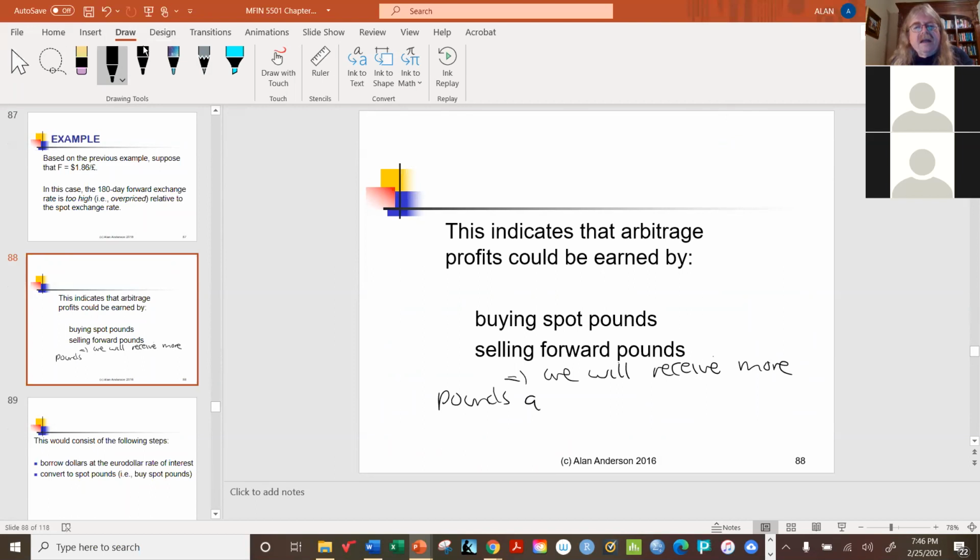Okay, at F equals 186, the bad quote, then at the actual quote, which is what it should be, is 185.23.